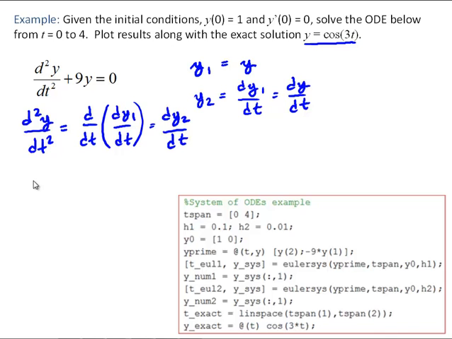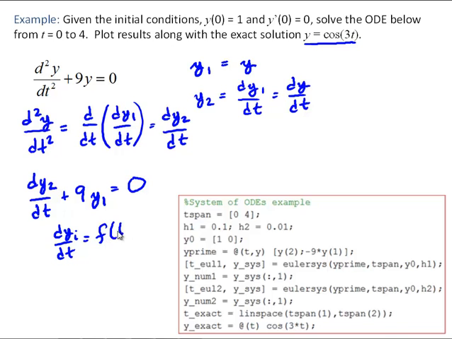So rewriting this equation now, we have dy2 by dt plus 9y1 is equal to 0. Now we need to put that in the form. Remember, our general form for Euler's method is dy sub i dt is equal to some f of t, y.